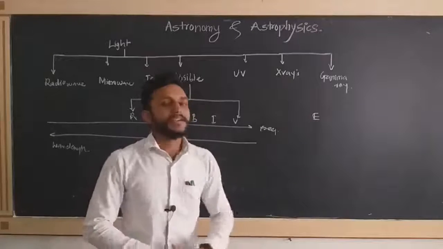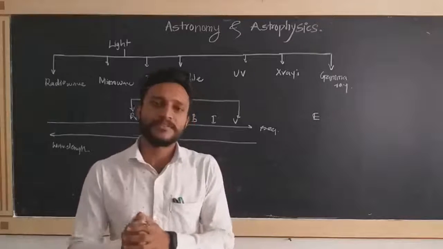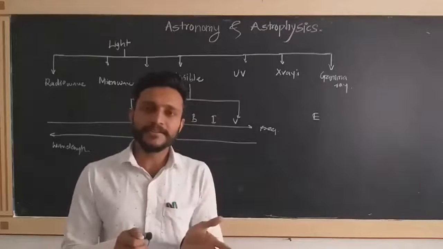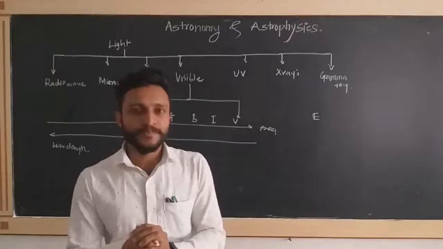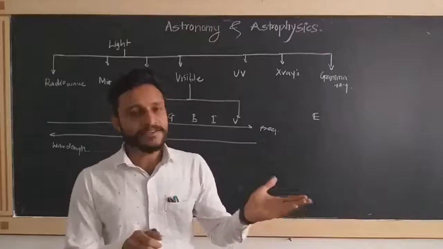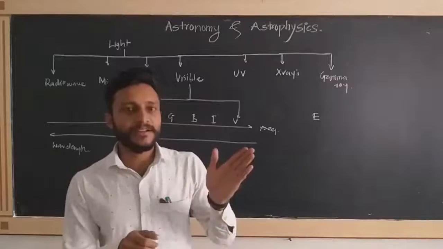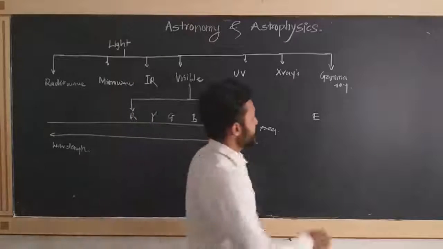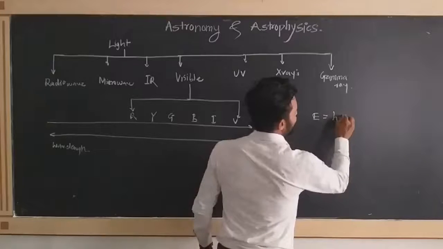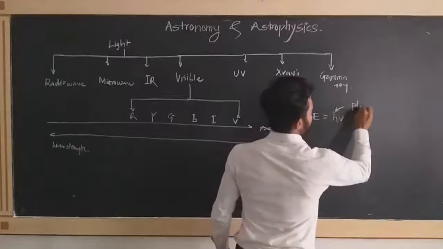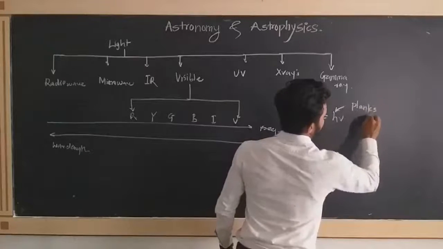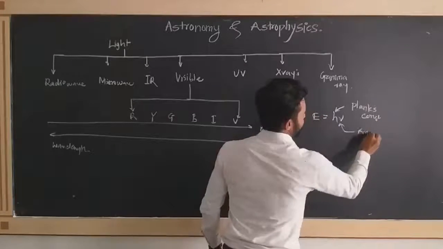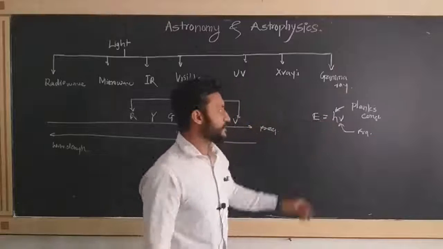I already discussed the wave-particle dual nature. Waves behave like particles and particles also behave like waves. So radiations are waves, and the particle nature of the radiations is nothing but photons. So E is equal to h nu, where h is the Planck's constant and nu is the frequency of that radiation. That is nothing but energy.